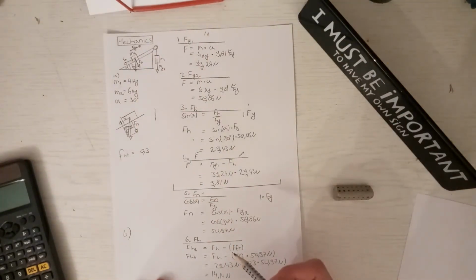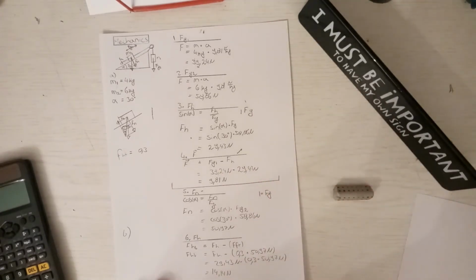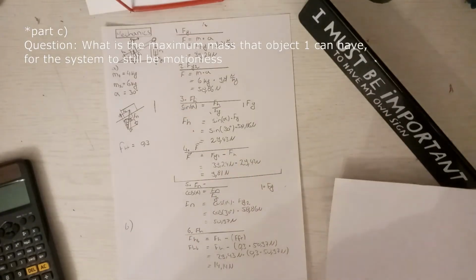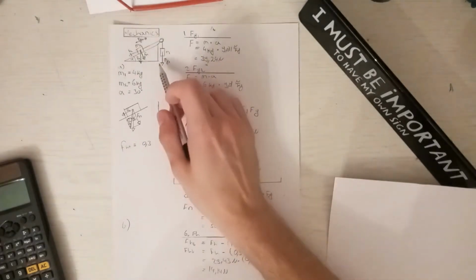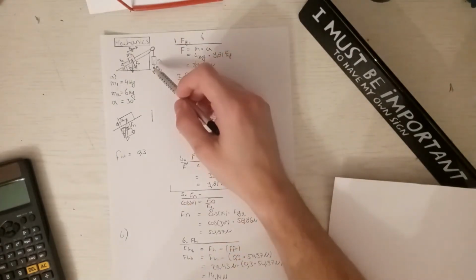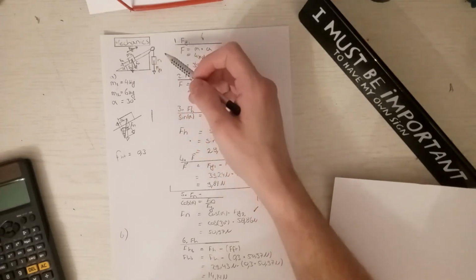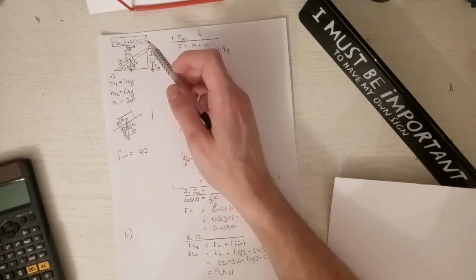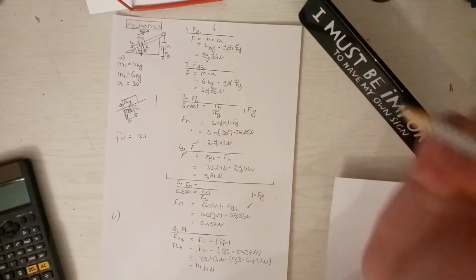So now we just gotta find for the part B. In order for this system here not to move, this force right here of this mass should be as equal as this force right here, in order for them to cancel each other out and for the system not to move.